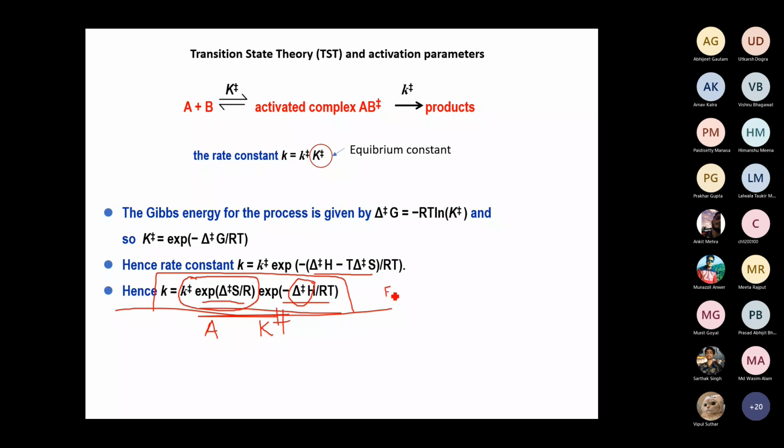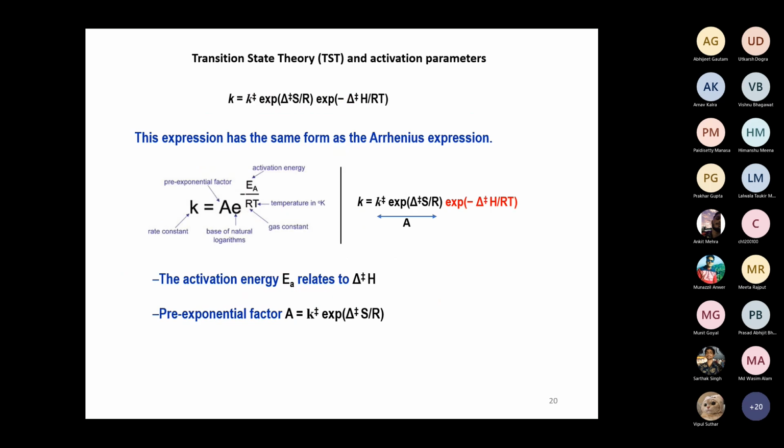So this is actually similar to the Arrhenius equation, K equal to A into e to the power minus EA by RT. Here EA is replaced with del H, enthalpy or activation energy, and A is the constant, and K into e to the power del S by R is also a constant. So this is a similar equation to the Arrhenius equation.